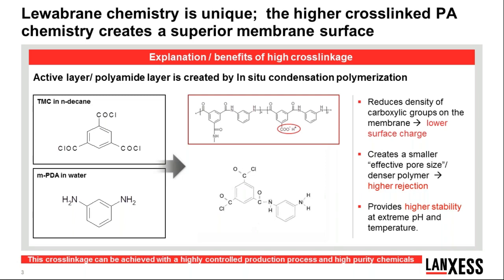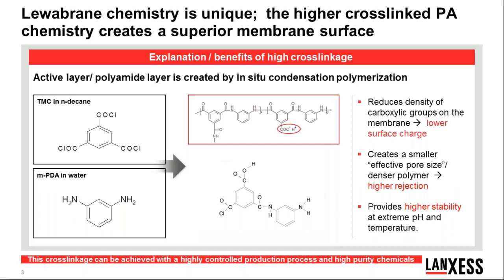Here's the chemistry, and I urge you to watch carefully at the middle of the slide. What you're seeing here is the actual polymerization chemistry, and if you look to the left, what you will see is the fundamental monomers that go into this reaction. And to tell you the truth, these monomers are pretty much the same from manufacturer to manufacturer. It's how we build the functional polymer that is a differentiating piece.